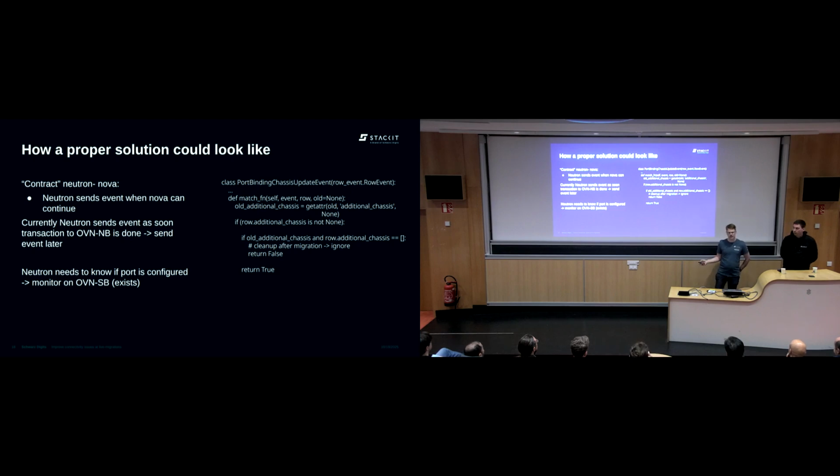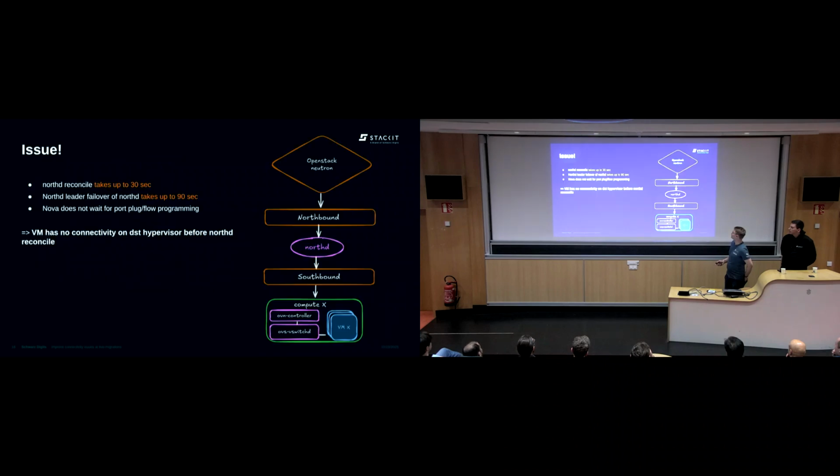But now, I think since the last release or the release before, Nova is waiting for the event again. But Neutron actually sends the event at the time when the transaction from the Neutron API to the northbound is done. So if the information is there, then Neutron says, Nova, you can start with your migration.